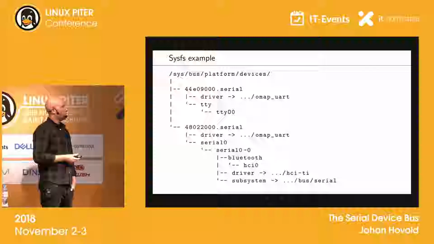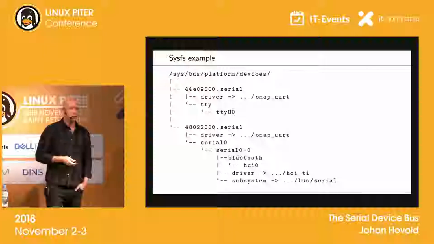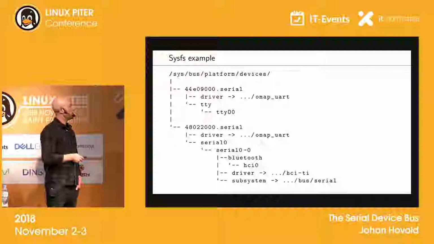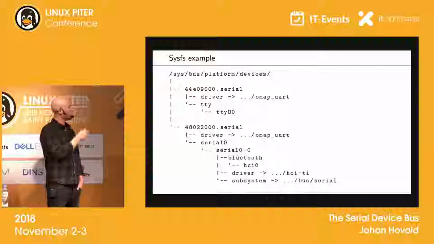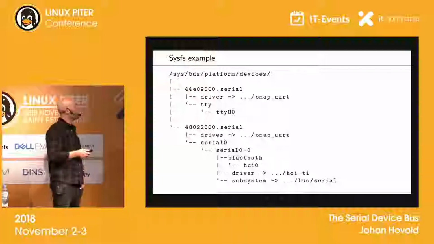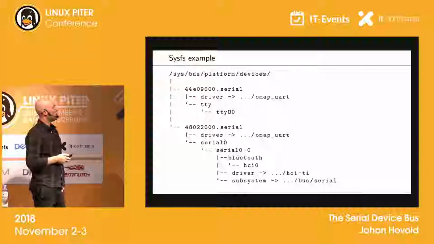And this could show up something like this in sysfs, which is a reflection of the kernel's internal device tree. Here we have 2 UARTs. Both are being managed by the OMAP UART driver. The first one doesn't have a SERDEV slave device described by firmware, so there we get the normal ttyO0 class device.